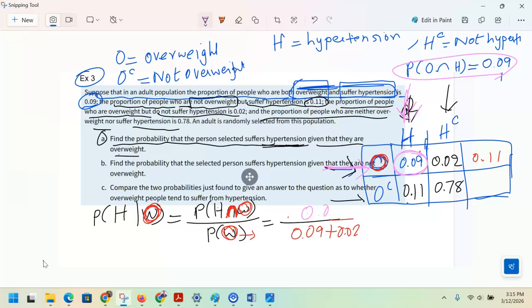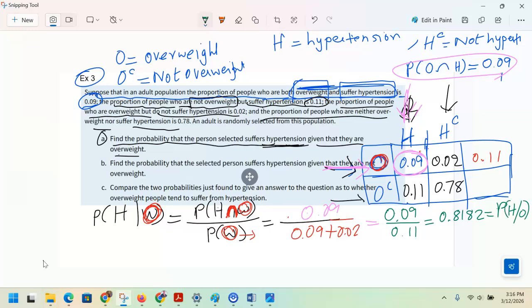And if you use the calculator, we can write 0.09 divided by 0.11, and the answer is 0.8182. So this is the probability of H, given that he is overweight.